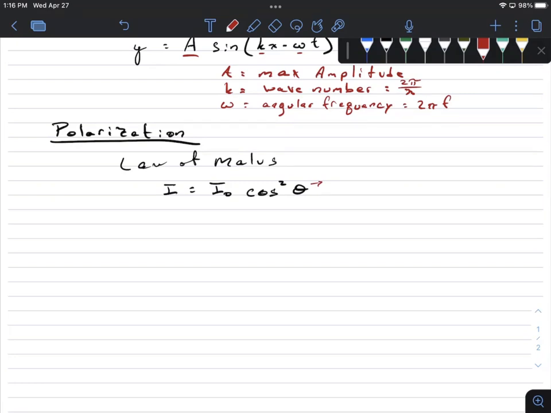It's not the angle of the light. What it is is the difference between the polarization of the light and the filter.